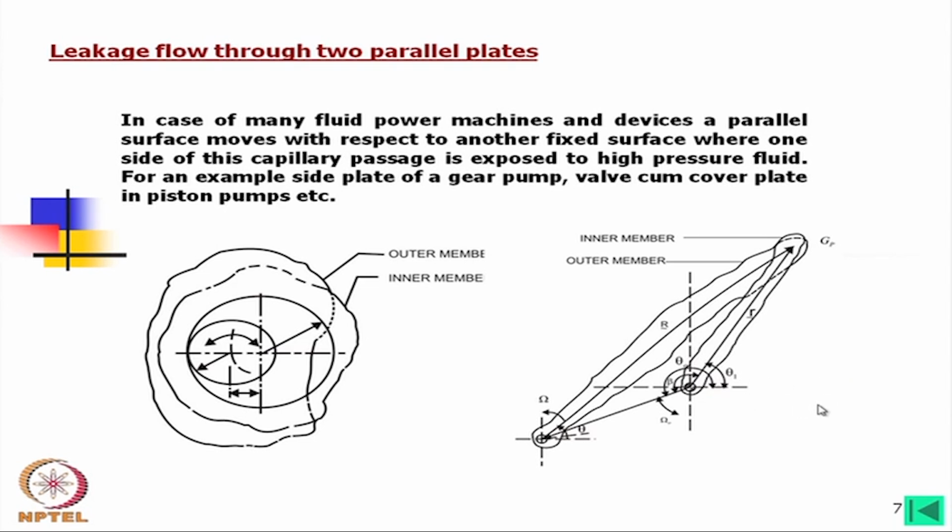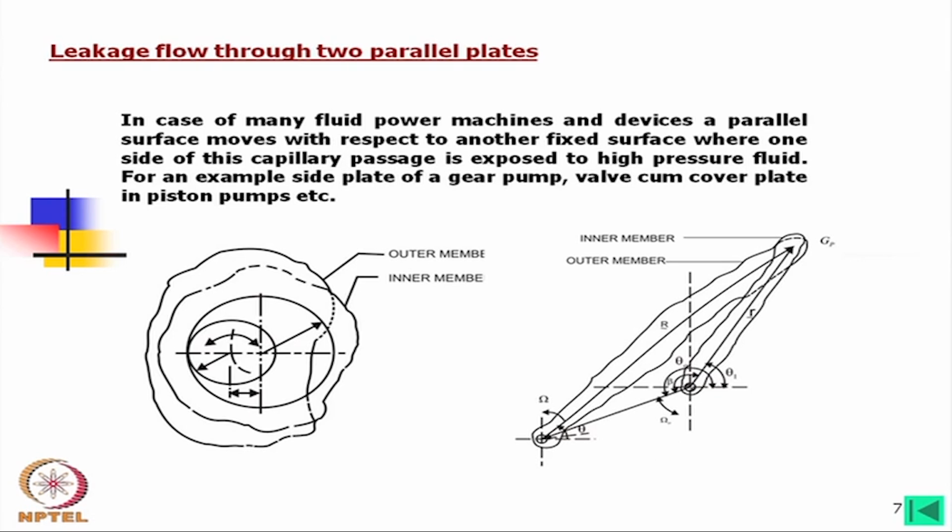Because in case of many fluid power machines and devices, a parallel surface moves with respect to another fixed surface, where one side of this capillary passage is exposed to high pressure fluid. So, for example, the side plate of a gear pump.